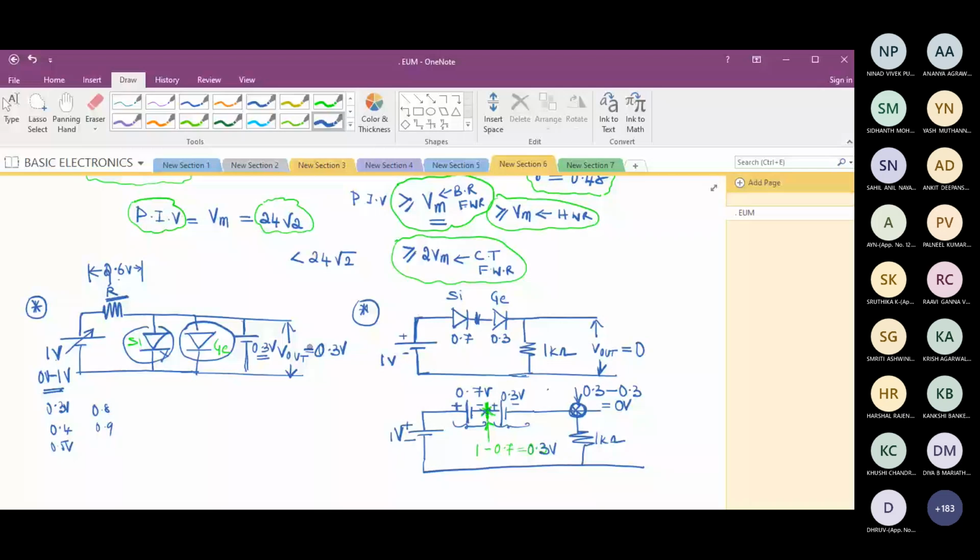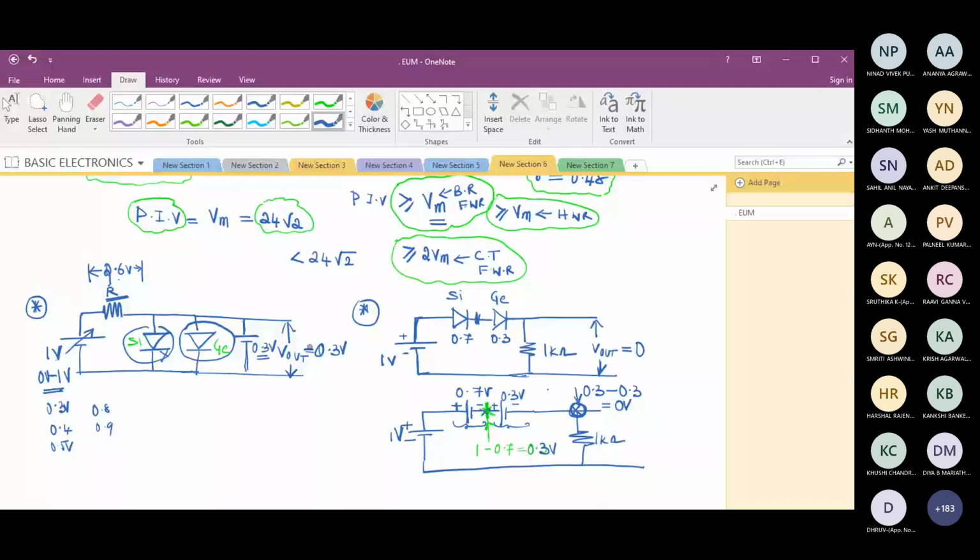If I have 3 or 4 diodes and one diode's cut-in potential is the lowest, and they are in parallel, the output voltage will be that lowest cut-in potential. Is the concept clear?